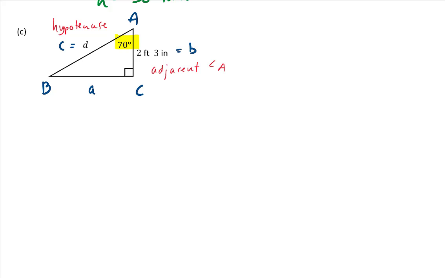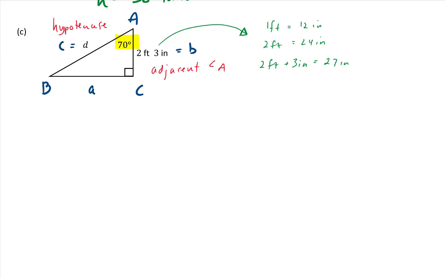But even before that, we have 2 feet 3 inches. We should convert this. So remember that 1 foot is equivalent to 12 inches. So that means that 2 feet is 24 inches. And 2 feet plus 3 inches is equal to 24 plus 3 is 27 inches.